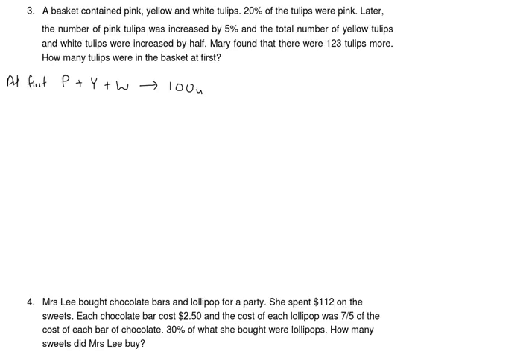They say that 20% of the tulips were pink. If 20% of the tulips were pink, how many units were pink, Jing Kai? 20 units, right?